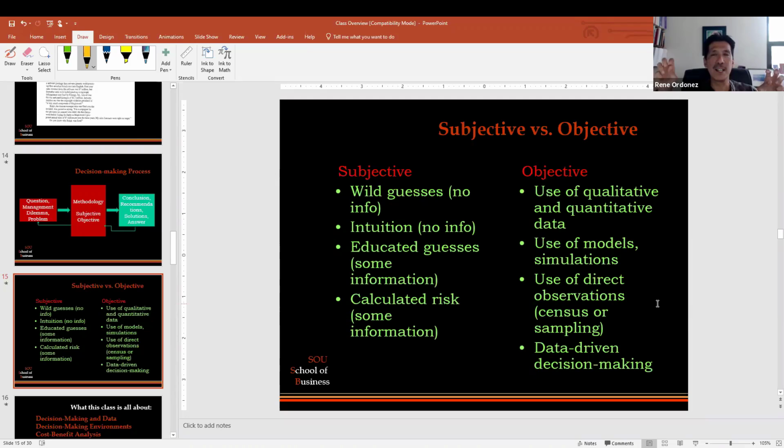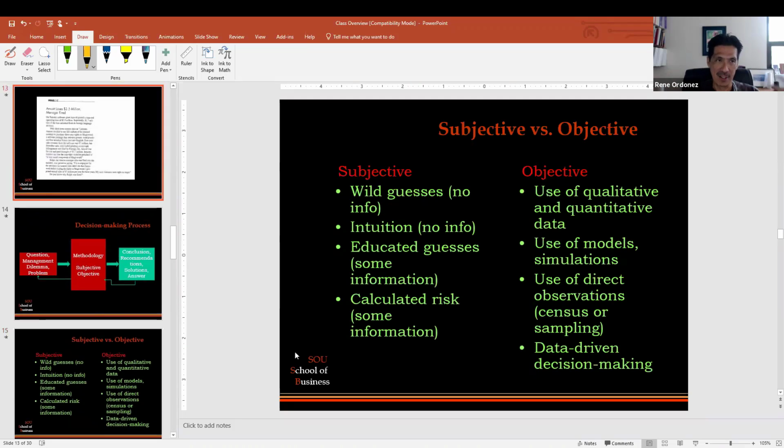Now, even in situations where you have perfect information, correct answers or correct decisions are not guaranteed, because sometimes we don't process the perfect information correctly. That could lead to an incorrect choice.